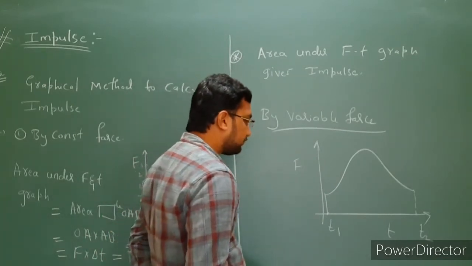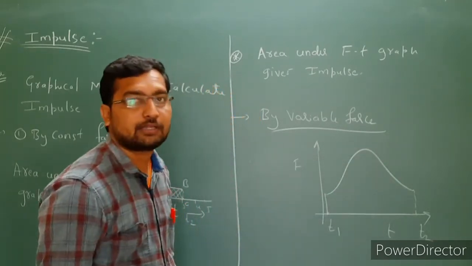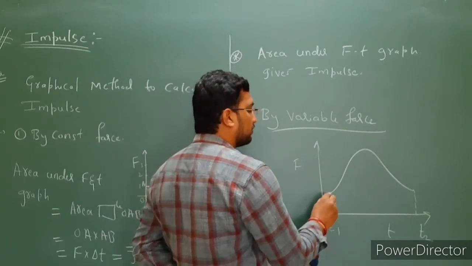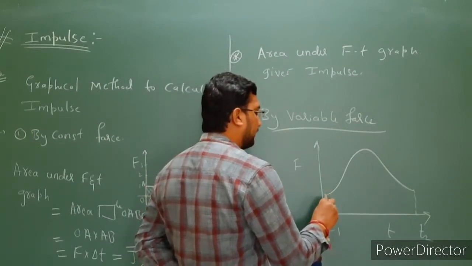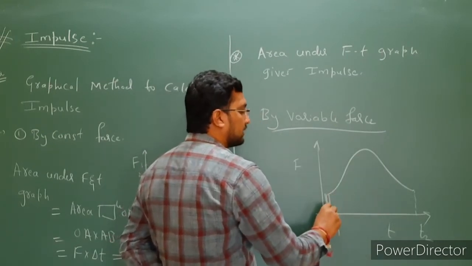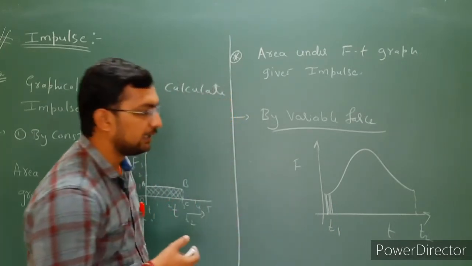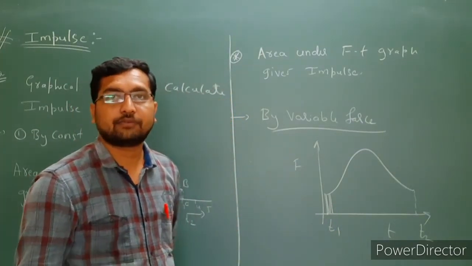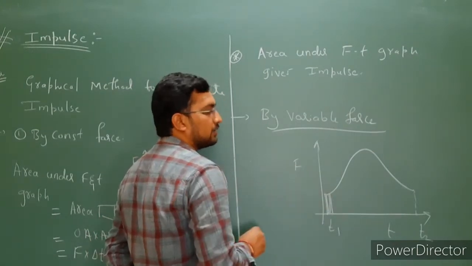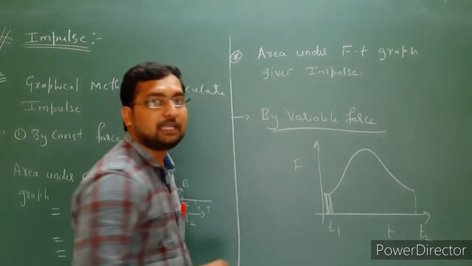Okay, see here. In this case the force acting on the body is a variable force. For that we divide this entire graph into small intervals or small segments, in such a way that the force between these two points is approximately constant.